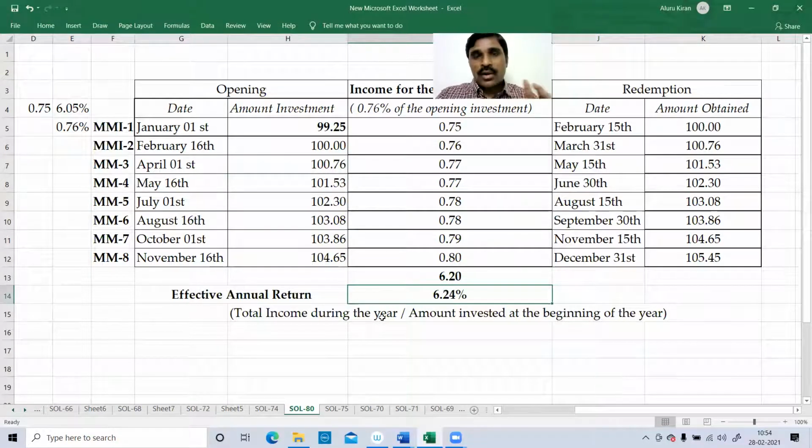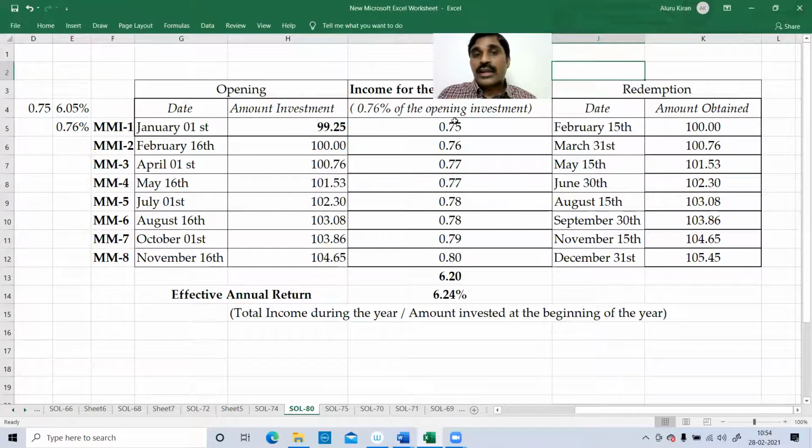So this is how money market instruments, since they are short-term instruments, work if I want to hold over a year. This is not the bond equivalent yield or discount yield. Bond equivalent yield simply multiplies 0.75 by 8, using simple interest, but here it is compound interest.